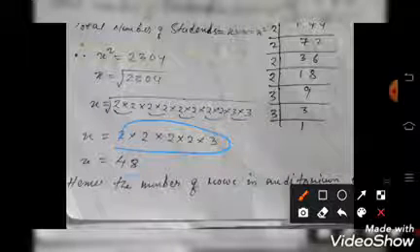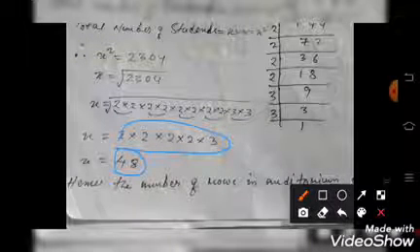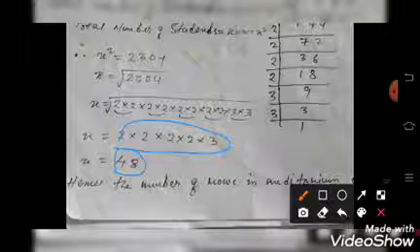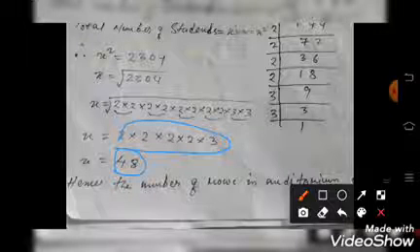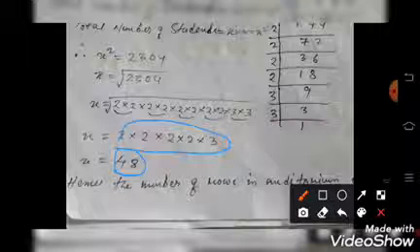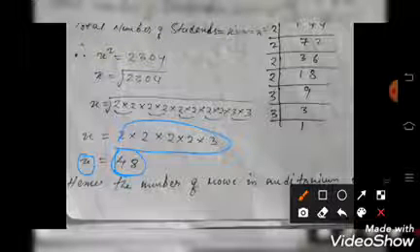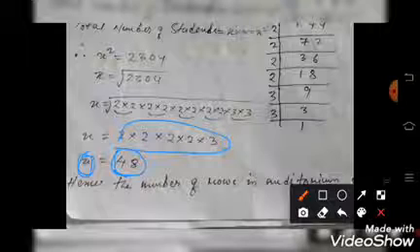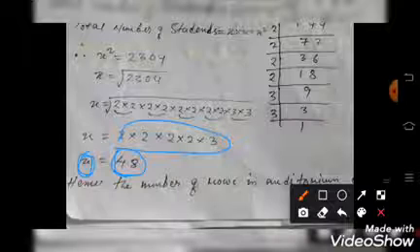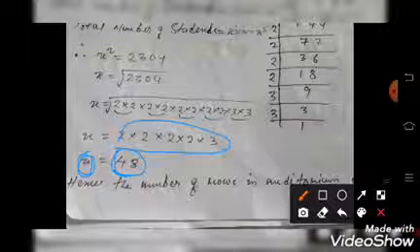So x is equal to 48. That means the number of rows is 48, and the number of students in each row is 48. Since x is the number of students in each row, and x is also the number of rows, that means there are 48 students in each row and there are 48 rows in the auditorium.